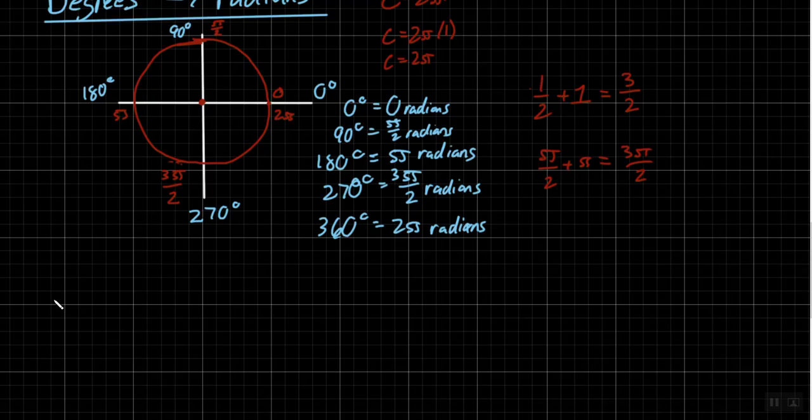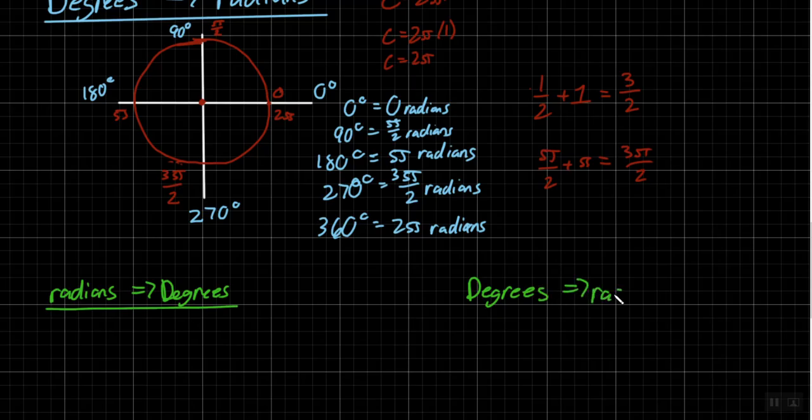So we can go from radians to degrees, and we also have degrees to radians. Which one do you want to learn first? Radians to degrees. Okay.